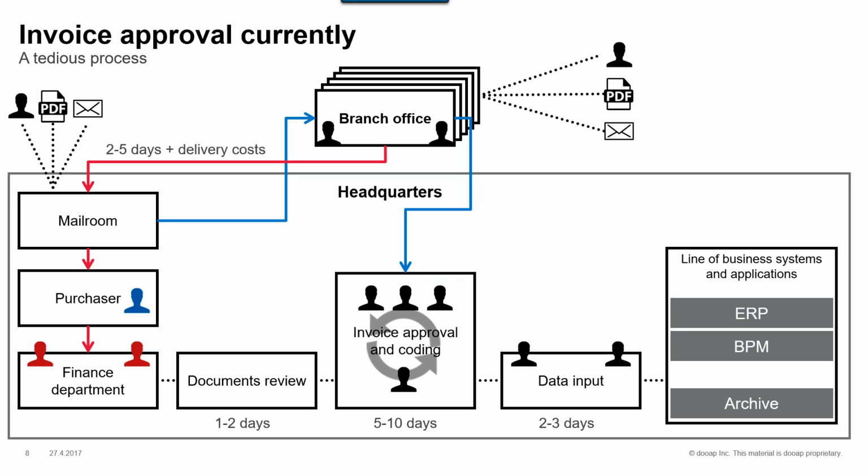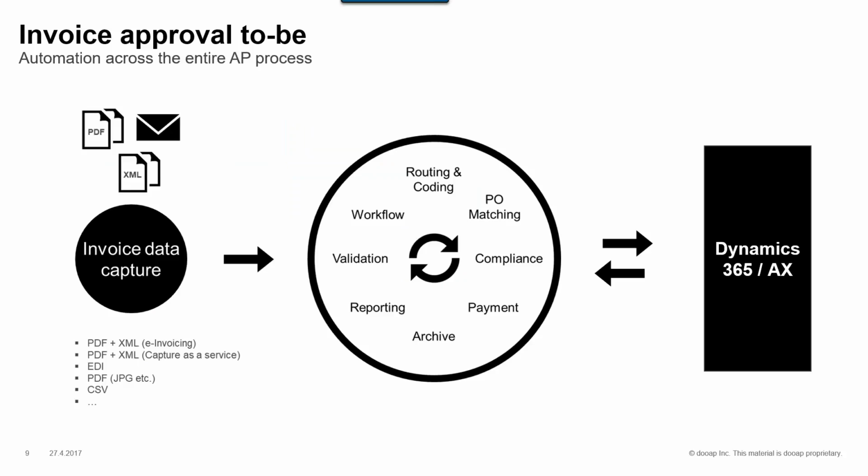And by the time everything is done, you've missed any chances of any dynamic discounts, for example. And too often, the payment is then already late. And let's face it, it's a tedious process, but things could be different. So if we look at the situation in this picture, imagine a situation where you can receive invoices centrally, all in one place, from multiple different sources with multiple different formats.